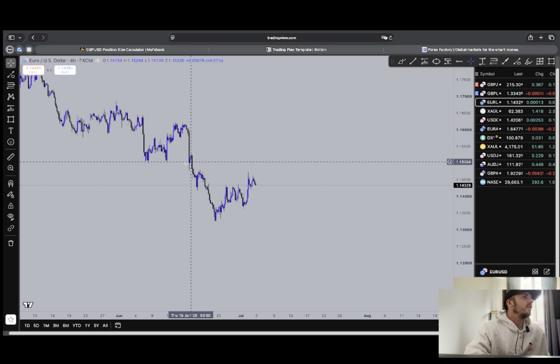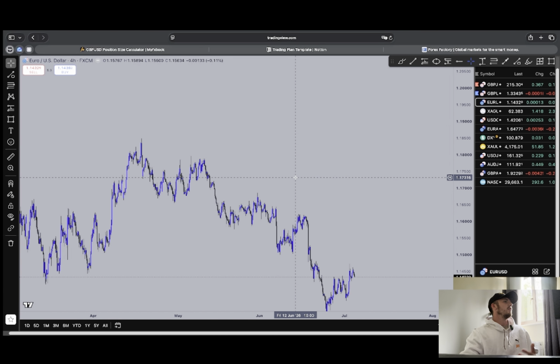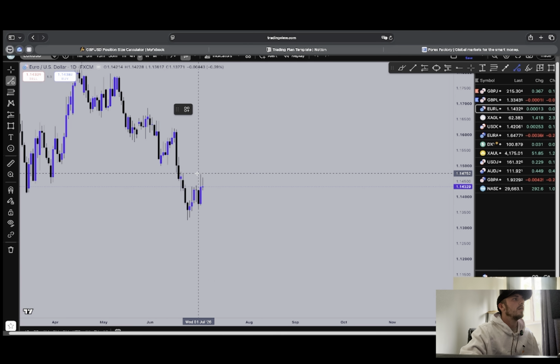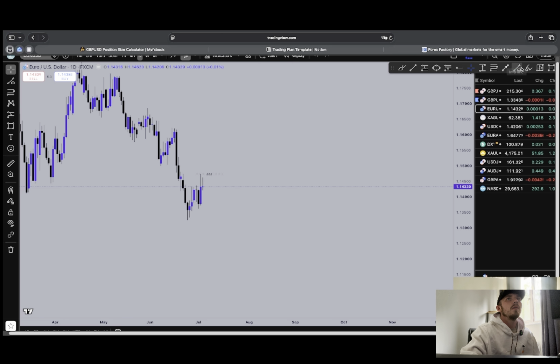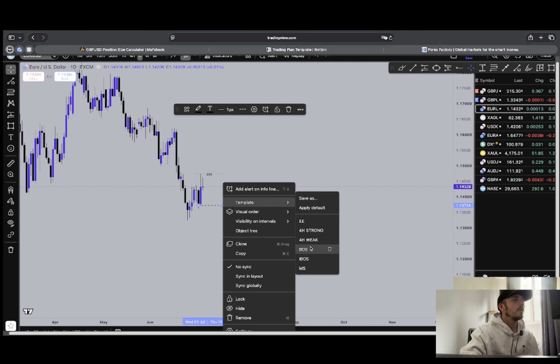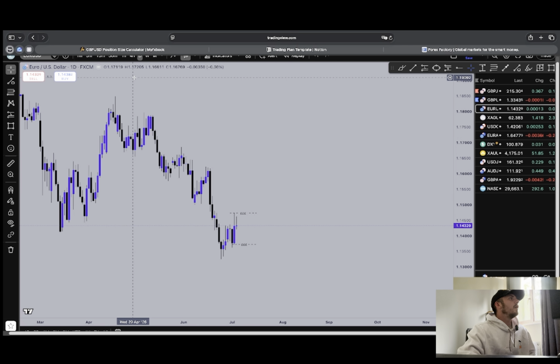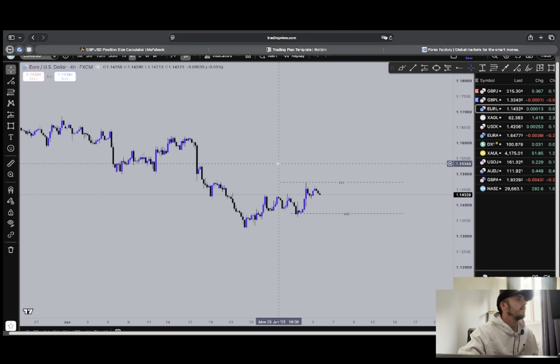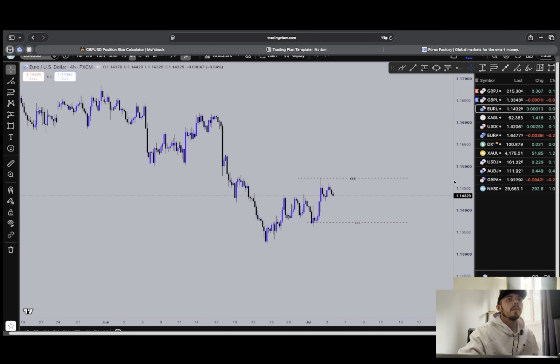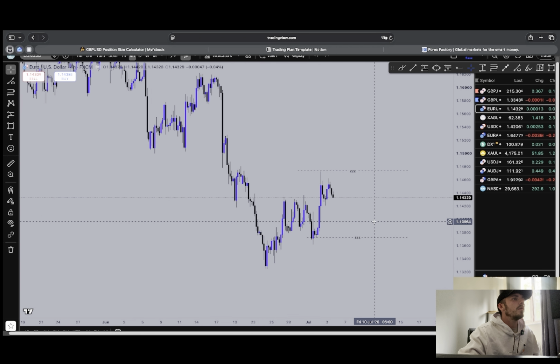Obviously, same again, EURUSD sort of correlates with GBPUSD, so it's bearish. So that's my daily liquidity marked up.